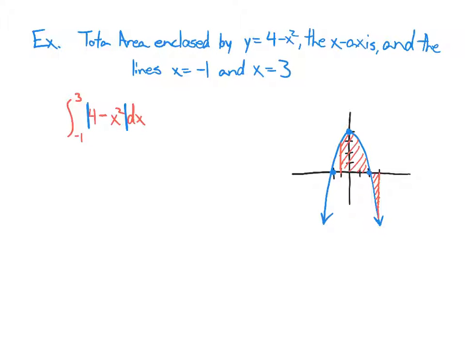So the question becomes, how do we handle that? We mentioned this a little bit earlier. Does anyone remember? How do we take care of that, or handle the fact that we want total area as opposed to just the integral?